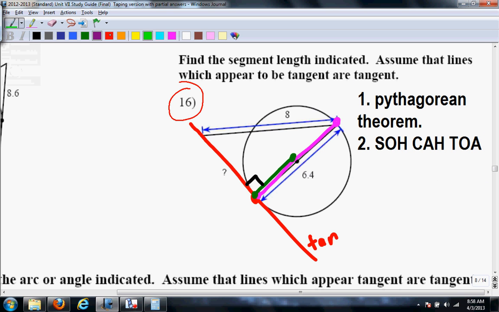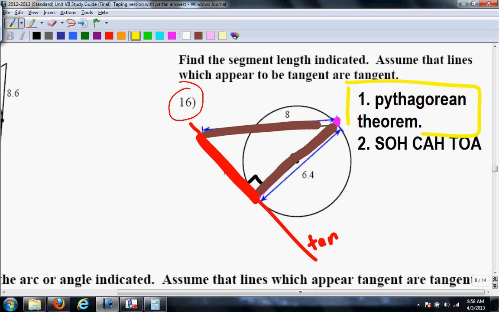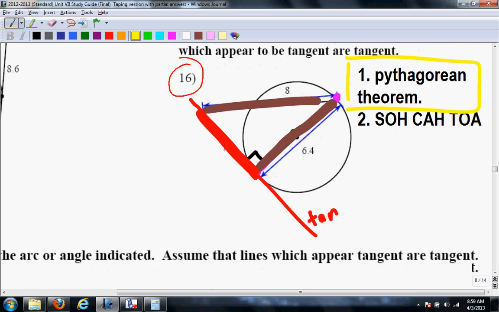In this case, we have two complete sides, a leg and a hypotenuse, and we don't know this unknown. So when you have two sides and you need a third side, you're going to use the Pythagorean theorem. Two sides, third side, Pythagorean theorem. You finish that problem on your own.